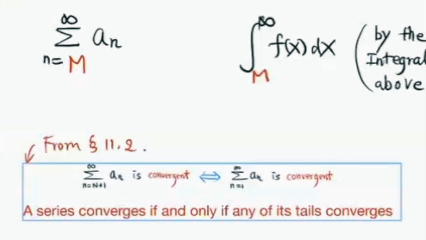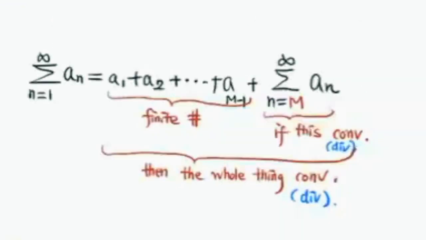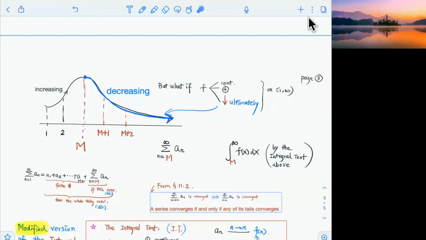In our last section, we talked about a series converges if and only if any of its tails converges. So for the tail where the index starts from m, if it converges, then the whole series converges. If it diverges, then the whole series diverges. So the integral test still applies.